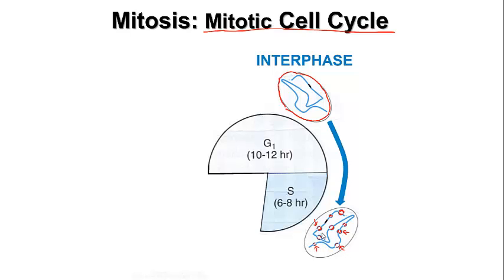They're always added in the 5 to 3 direction. So if one of these original parent strands is headed in the 5 to 3 direction, then the other original strand will be in the 3 to 5 direction.